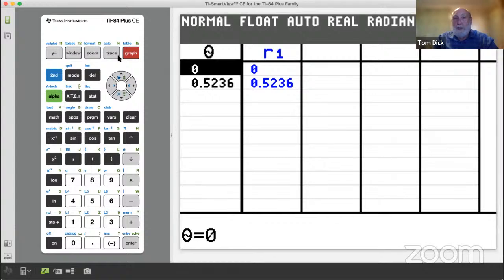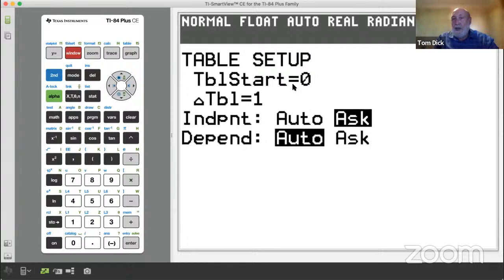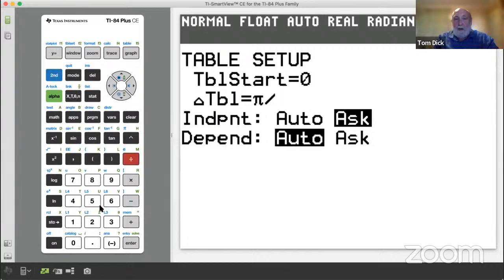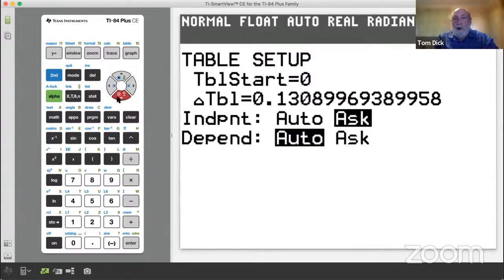Looking at my table set, you could set up the table start and delta table; you might want to set that to pi over 24. Let's give that a shot, put it on auto, and go back to the table.